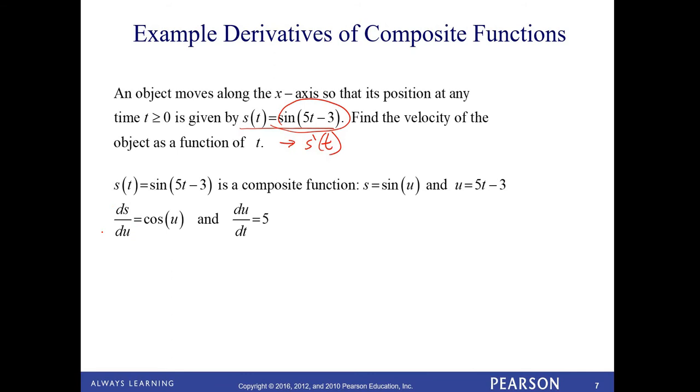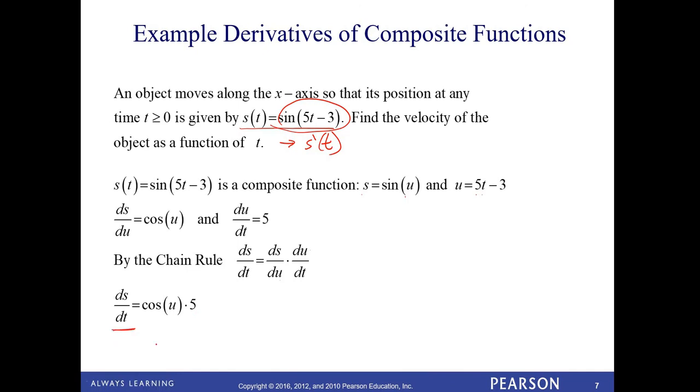So using my notation, I'm going to first find ds du, the derivative of s with respect to u. The derivative of sine u is cos u. And then du dt, the derivative of u with respect to t, is just 5 using our power rule. Then to find ds dt, which is what I originally wanted, I'm going to do ds du times du dt, which is cos u times 5.